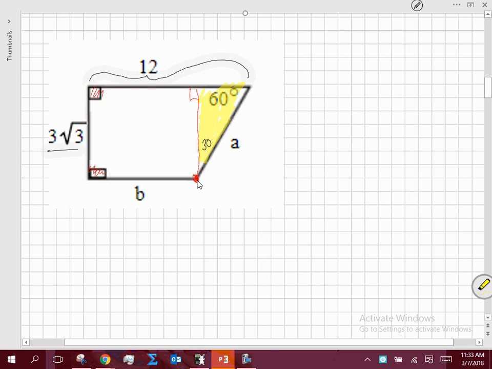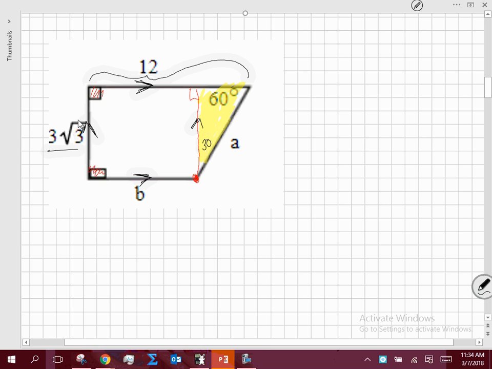Because if these two lines here are parallel, and we've got these four right angles, obviously these two are right angles, that makes these two parallel. And a parallelogram with one right angle is a rectangle. It could be a square, but the most general way of saying it is that it's a rectangle, because I don't know necessarily whether this is going to be 3 radical 3 or not. We'll see in a moment.